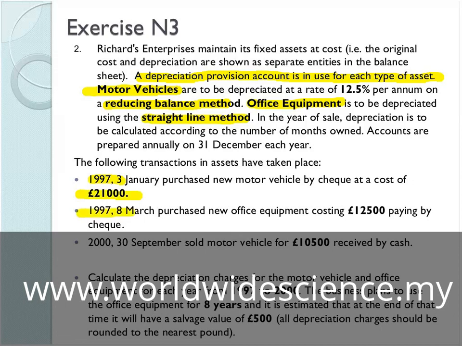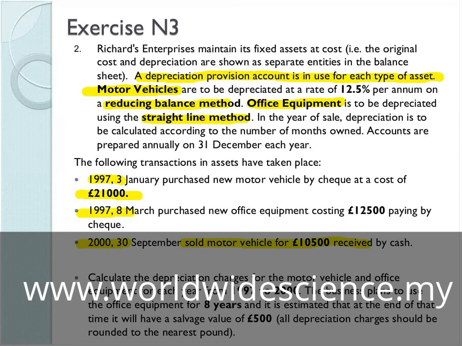In March 1997, purchased new office equipment costing 12,500, paid by check, right? And on the 30th of September, sold the motor vehicle for 10,500, which is received by cash.